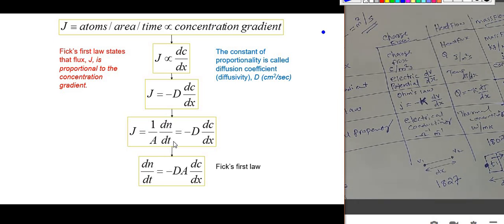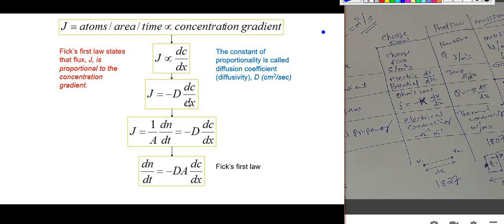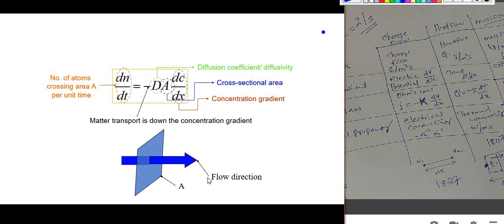That is the flux, and from Fick's law we got J is equal to minus D into dC by dx. From this we got dn by dt is equal to minus D into A into dC by dx. Here dn by dt is the number of atoms crossing a cross-section area per unit time, and the minus sign is because material transfer is in the downward concentration gradient.